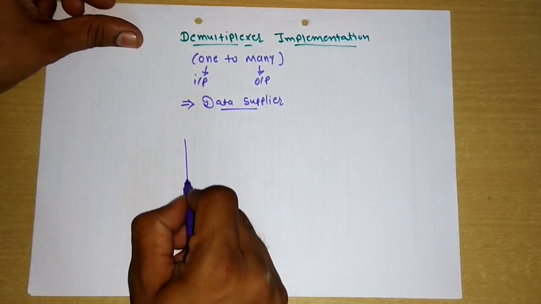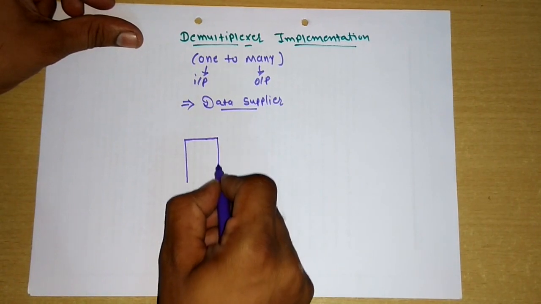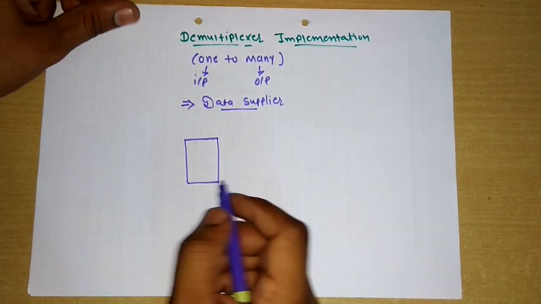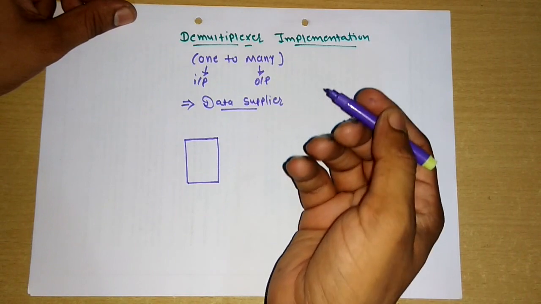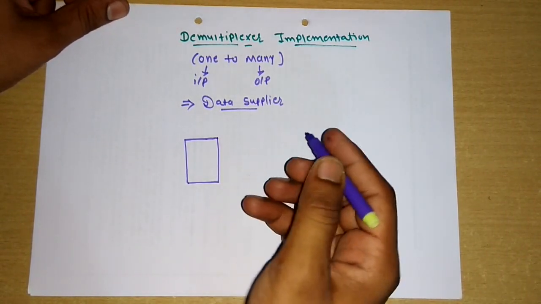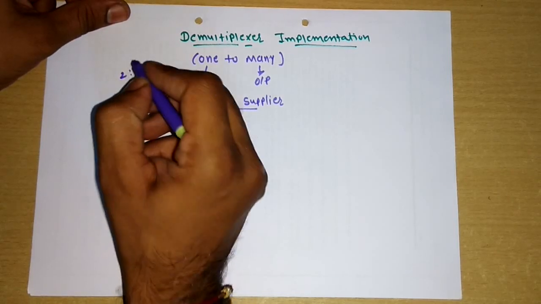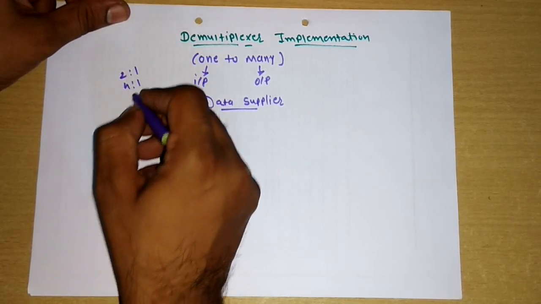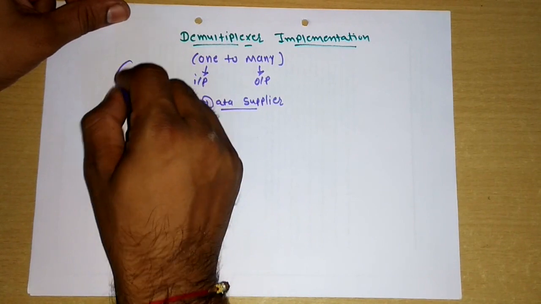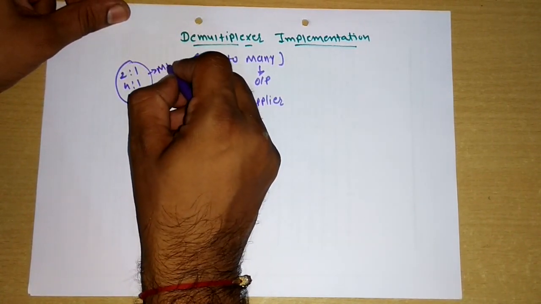If we see the block diagram of the multiplexer, what was there? The block diagram carries a simple formula like 2 to 1 multiplexer, 4 to 1 multiplexer. This was the pattern followed in the case of the multiplexer.